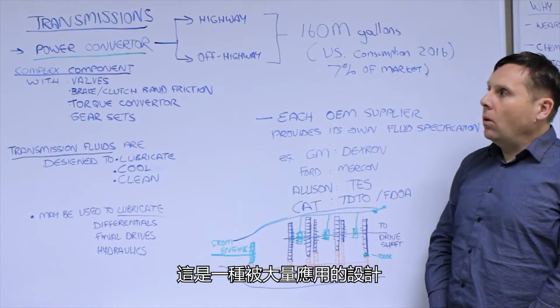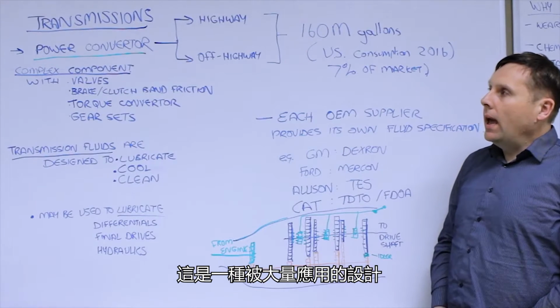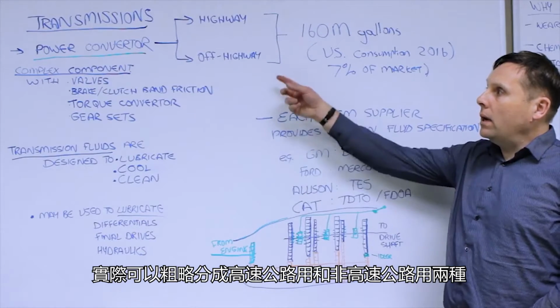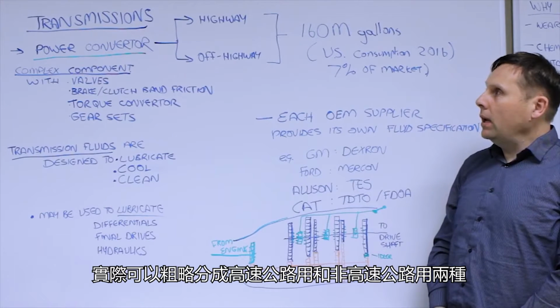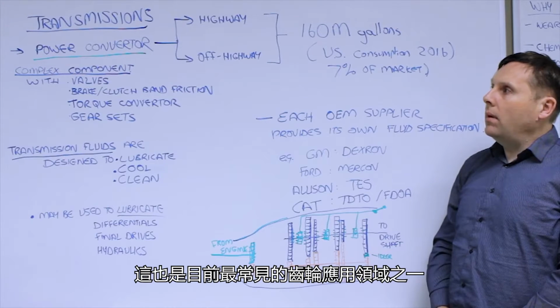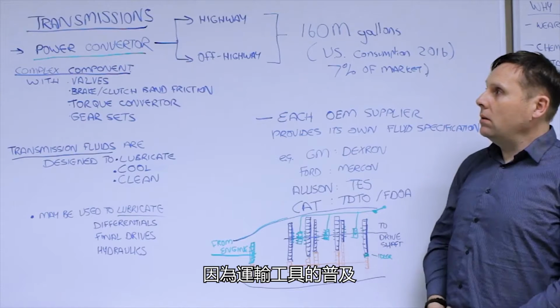And it is widely used, as I said, for mobile applications. They are broadly broken out into both highway and off-highway types of applications. And it is one of the largest uses of gear sets in the world because they're in mobile systems.